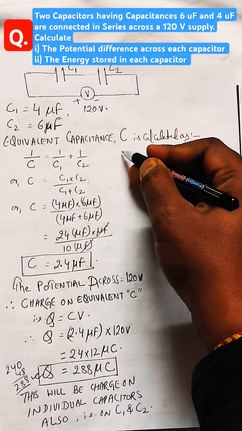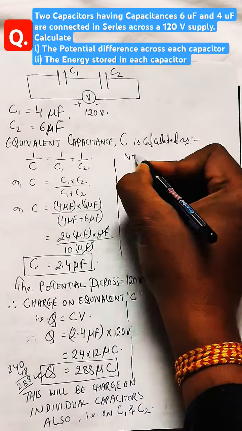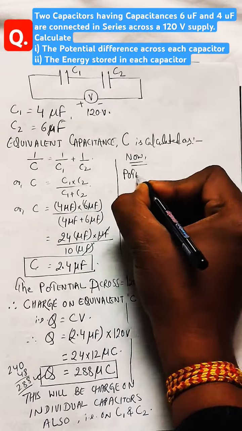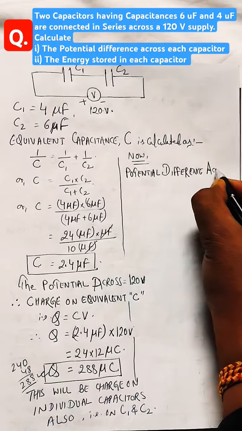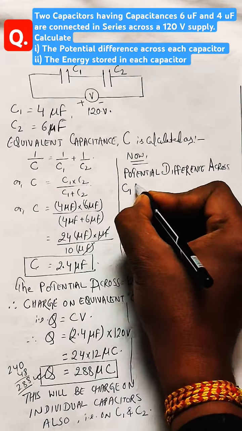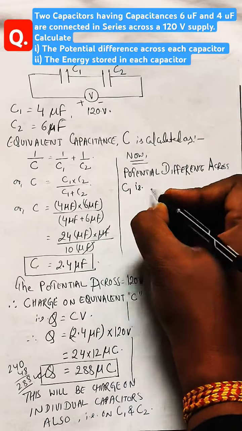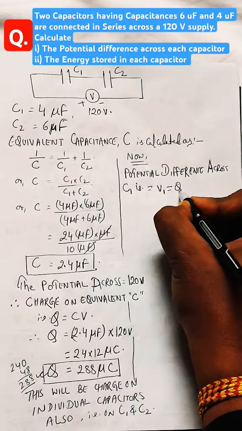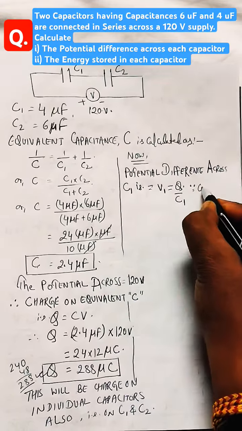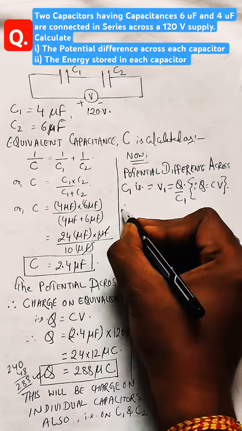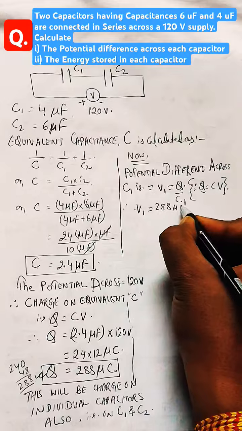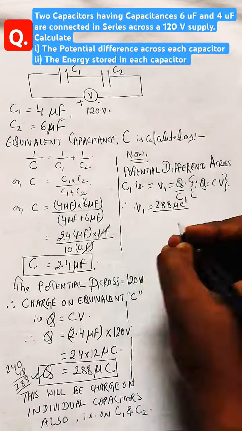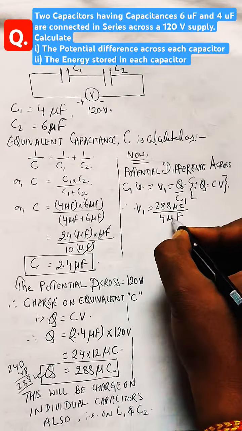To calculate the potential difference across C1, since we know the formula Q equal to CV, we can write V1, the potential difference across capacitor 1, is equal to Q by C1. So V1 is 288 microcoulomb divided by 4 microfarad.